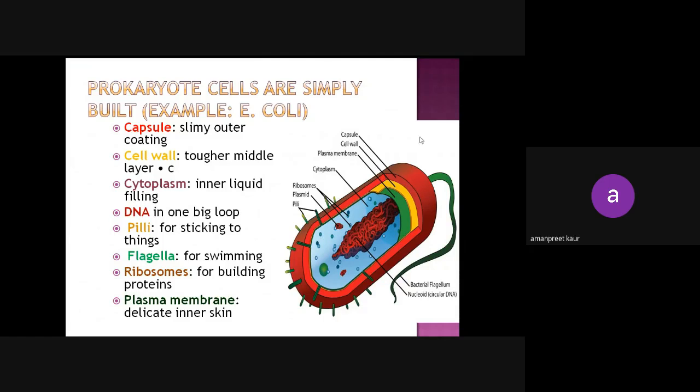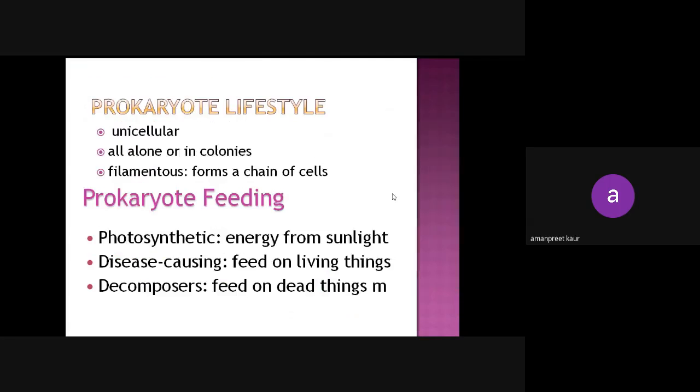Apart from this, these also consist of a plasma membrane at the base of the cell wall, and the plasma membrane is a delicate inner skin. Then prokaryote lifestyle: they are unicellular and sometimes they exist alone and sometimes in colonies, and they also have filaments, a form of chain of cells.